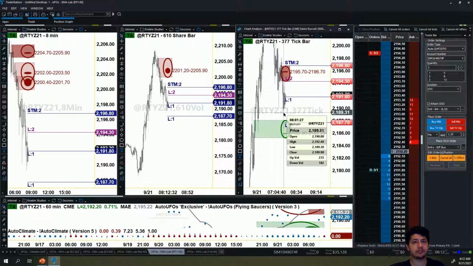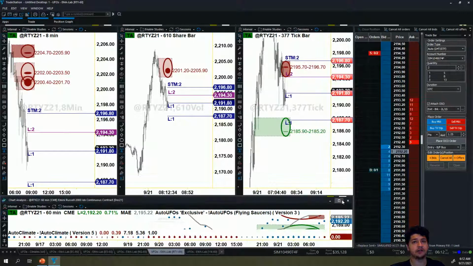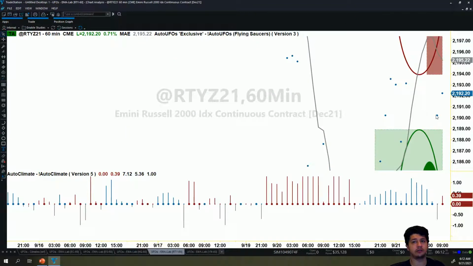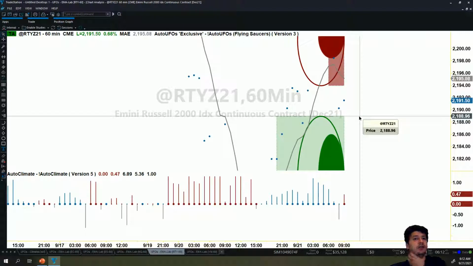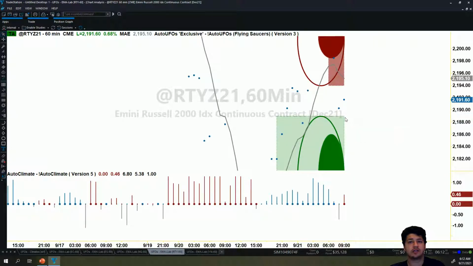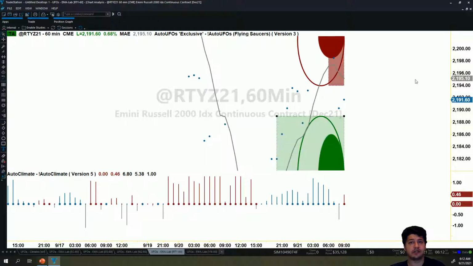So price has already gone as low as 2189.3. Right, so that price has gone all the way down to 2189.3. Okay, and this opposing UFO starts at 88.9. Well, does it start at? It starts at 2188.9.